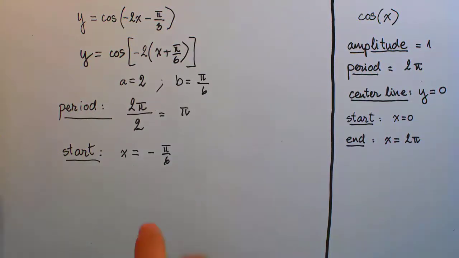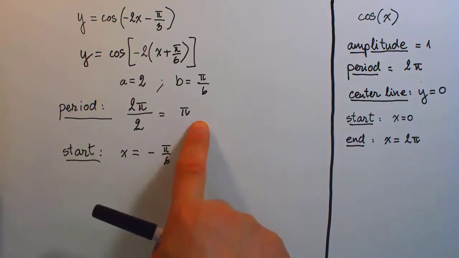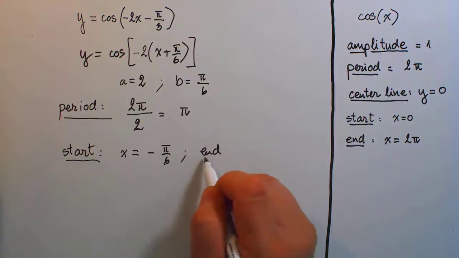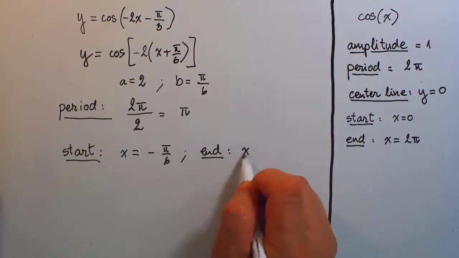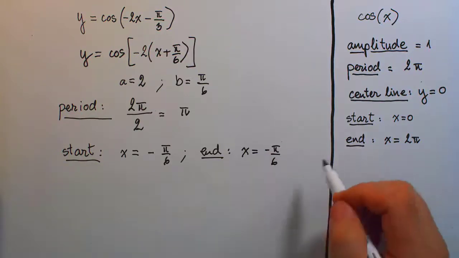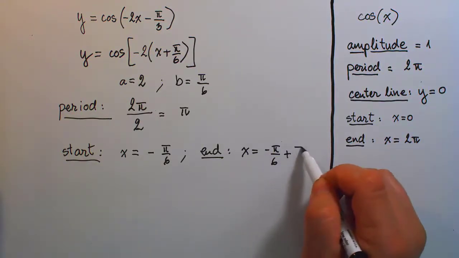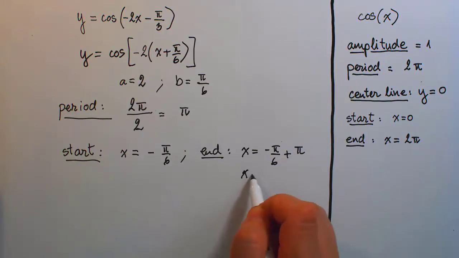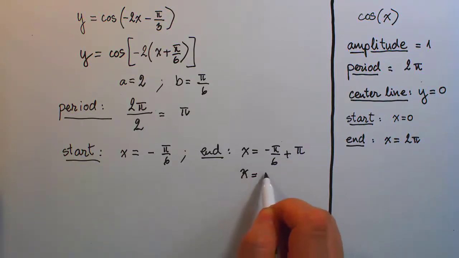Once we recognize the start of the base unit as well as the period, the end of the base unit can be easily found: x equals, from where our start value is, we add the period amount. Our calculation shows that it should be 5 pi over 6.